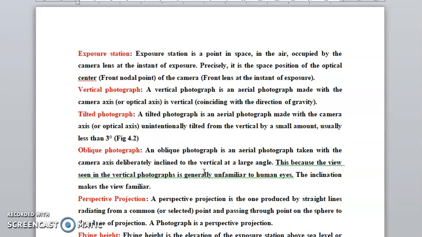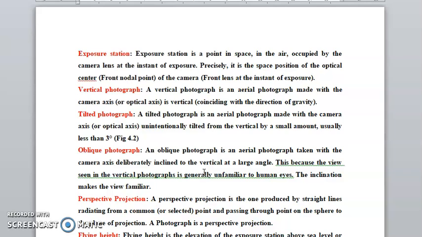Oblique photograph. An oblique photograph is an aerial photograph taken with the camera axis deliberately inclined to the vertical at a large angle, because the view similar to a vertical photograph is generally unfamiliar to human eyes. Inclination makes the view familiar.